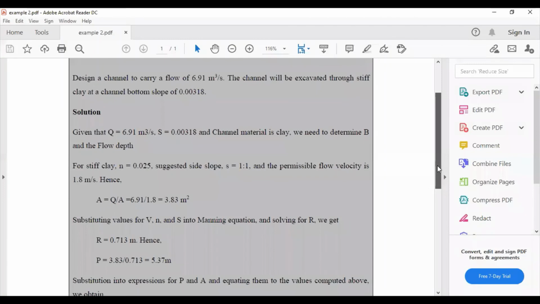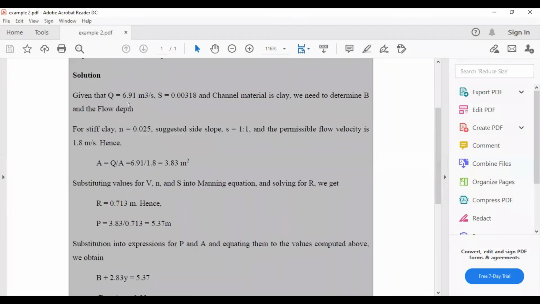So we've been given the discharge, or we've determined the discharge, and we know the slope of the land itself. When we surveyed, we saw that it was a clay soil. So we go into those tables which we saw in the PowerPoint, and we check what is the N value for the clay.